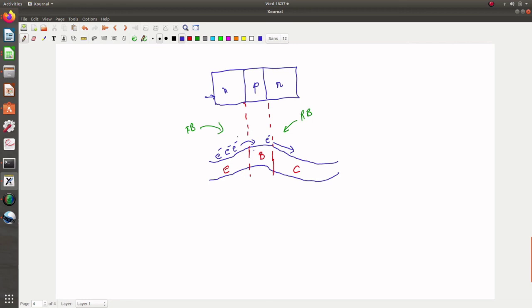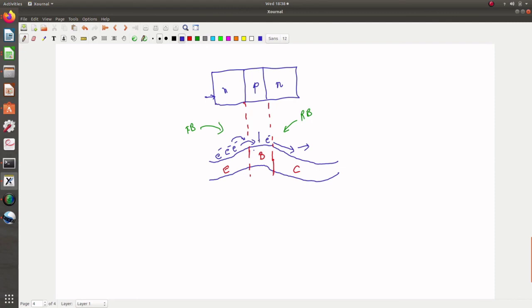If all the electrons coming from the emitter are recombined in the base, there won't be any current to the collector side. So the design is made such that only part of the electrons coming to the base is recombined.